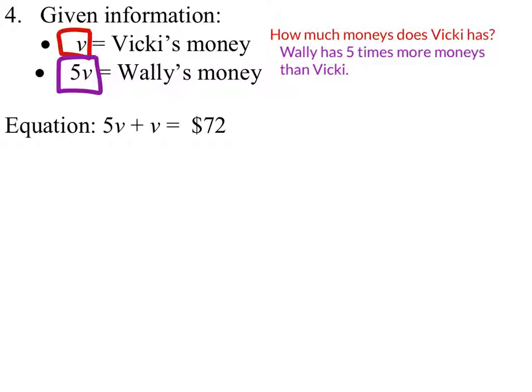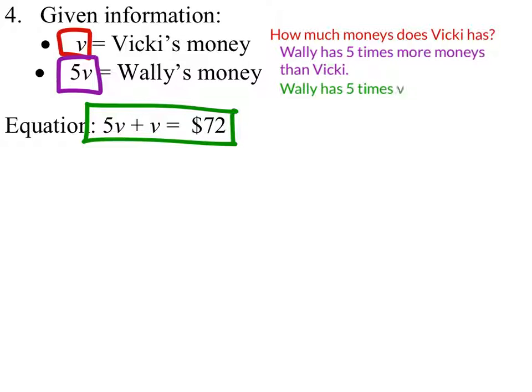And then the equation as well, right? We need to write a sentence for the equation. 5V plus V equals 72. So what do you guys got on these? Wally has 5 times the amount of Vicky, plus Vicky's money is 72. Let's make sure.